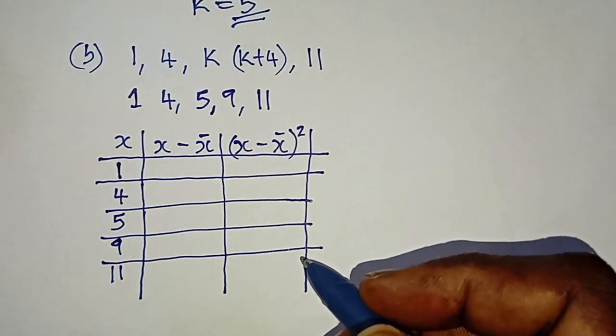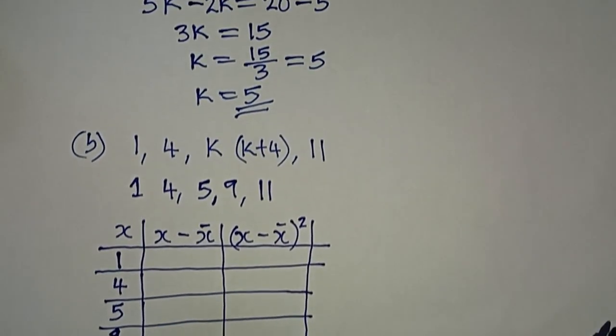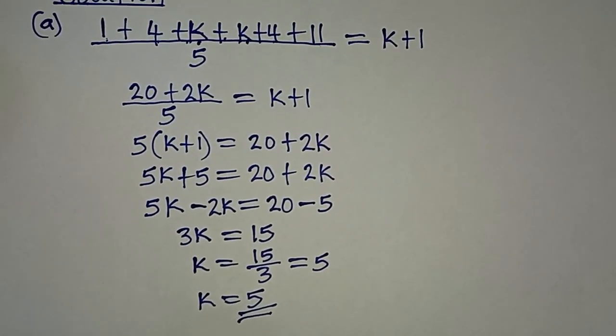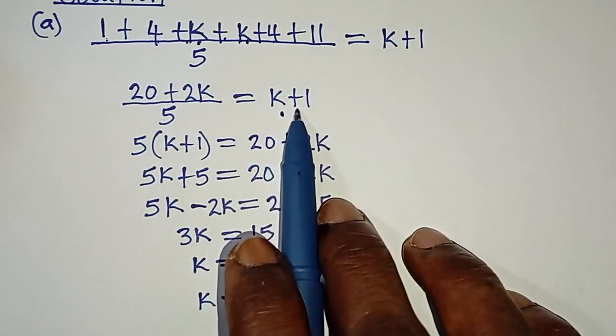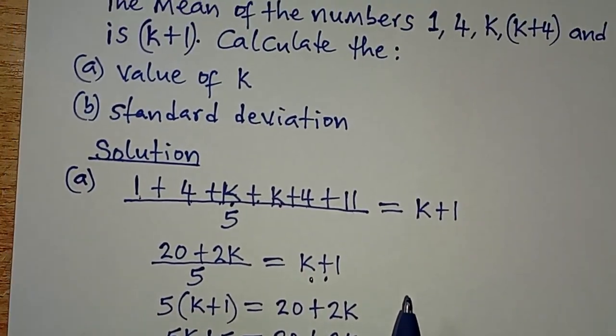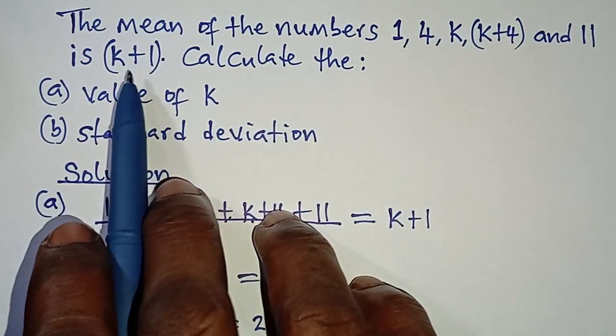So now, don't forget, from the question originally, we are told that the mean is k plus 1. So let me get back there. This is the mean, which is k plus 1, as given to us in the question. Let's check the question again. We are told that the mean is k plus 1. See it here.